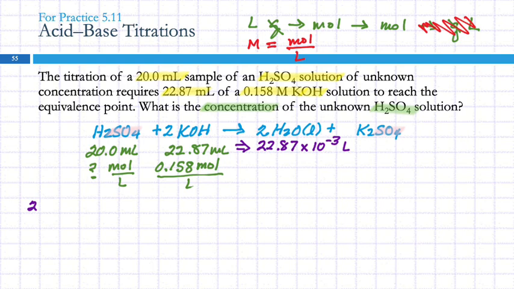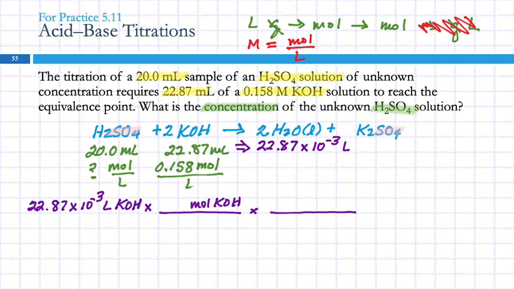So I'm going to start with volume, 22.87 times 10 to the minus 3 liters, and that is of the KOH solution. And I'm going to convert that to moles of KOH. And then I'm going to go to moles of H2SO4. And I'm going to stop there.